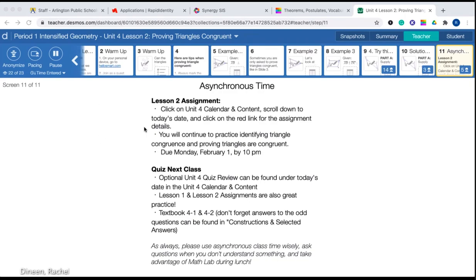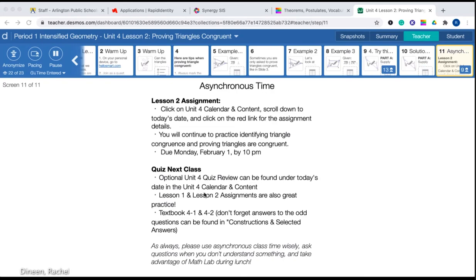All right. As I'm pulling this up, I highly encourage and recommend that you use asynchronous class time the next 30 minutes or so to get a start on the assignment. The assignment covers a lot of what we did last class and this class. And if you are still having trouble, then I would recommend going to Math Lab today during lunch and tomorrow during lunch.